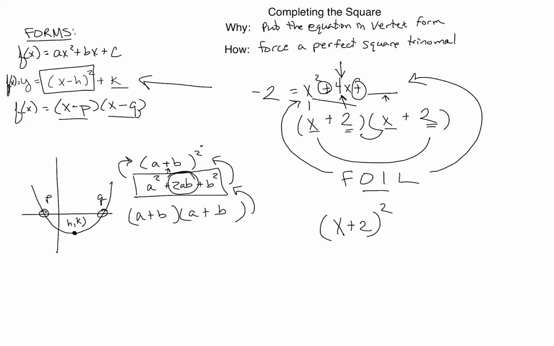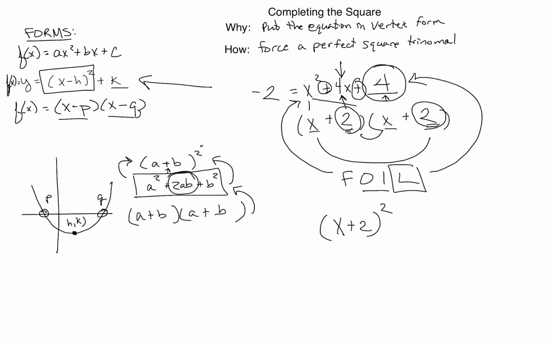But we're not done. So we know we have the correct binomials now. So now if we were to FOIL out, what number sits in this empty spot? Well, according to FOIL, it's our last terms. So we have 2 times 2, and 2 times 2 is 4. So we put 4 in that last spot.